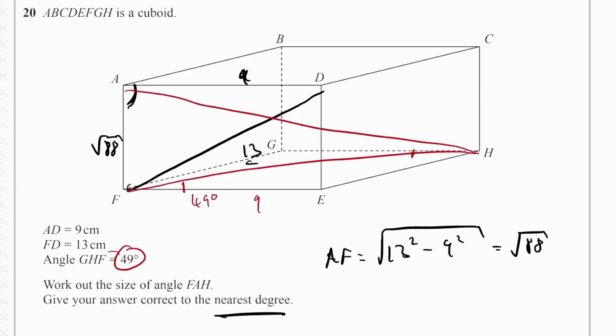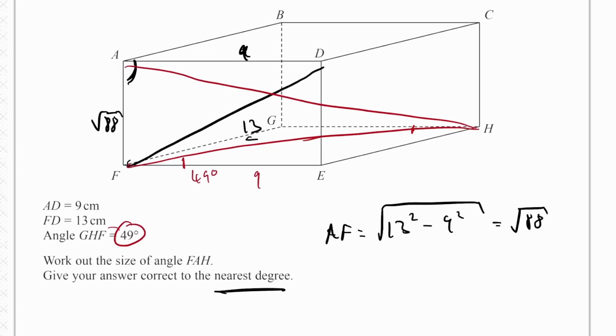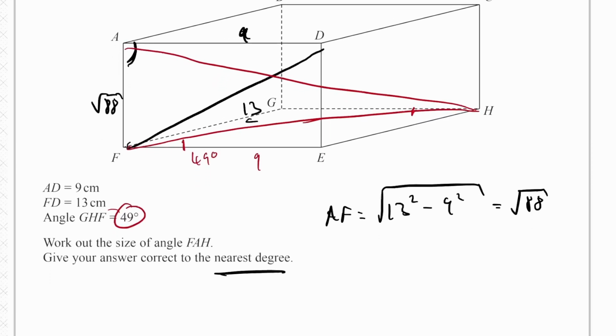It's a Z-shaped angle. So here we've got a side and an angle, and we can use trigonometry to find the length of FH. Cos 49 equals adjacent over hypotenuse, and in this case our hypotenuse is FH.